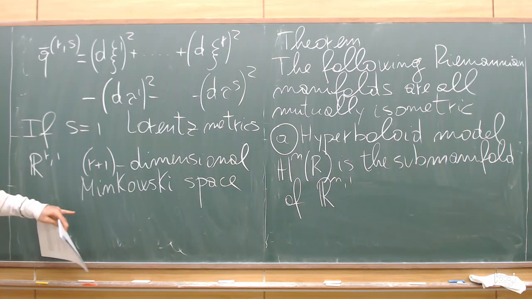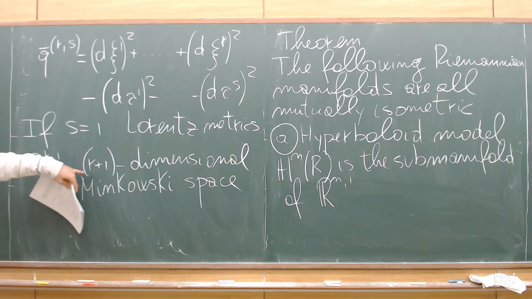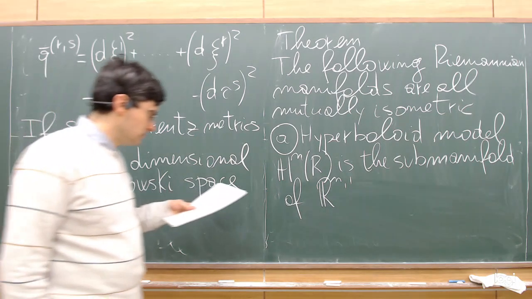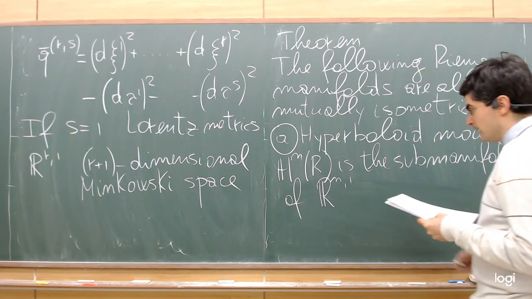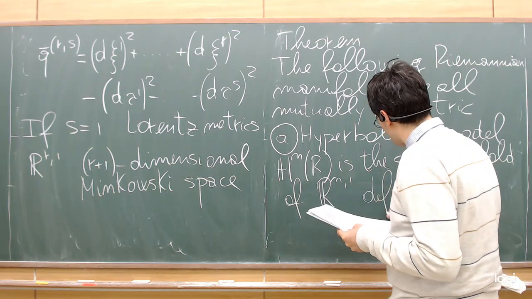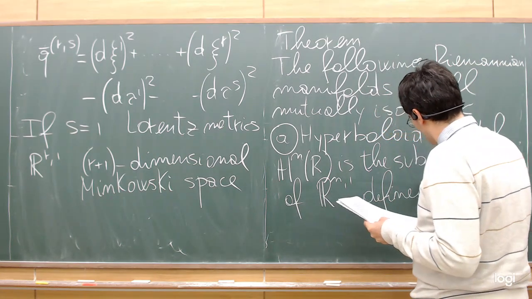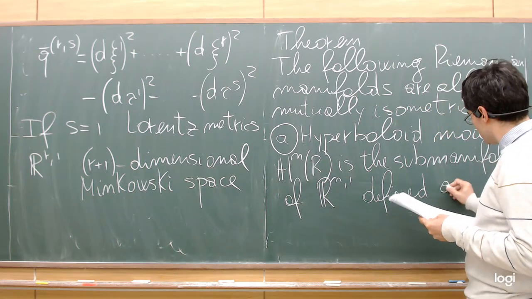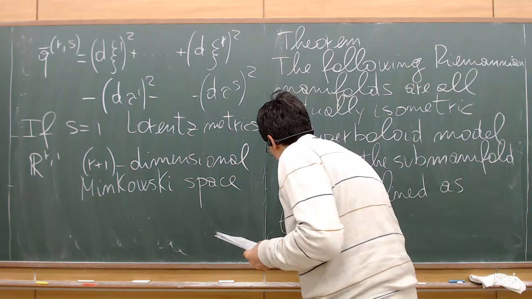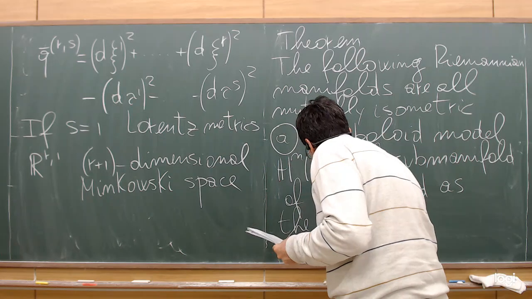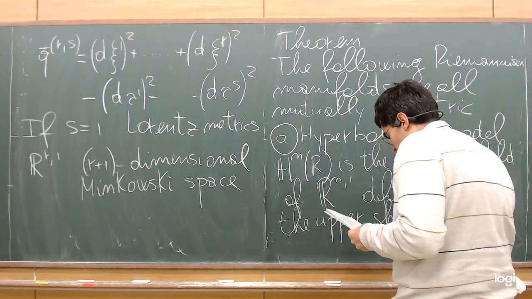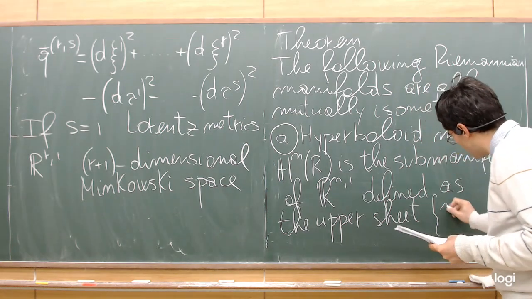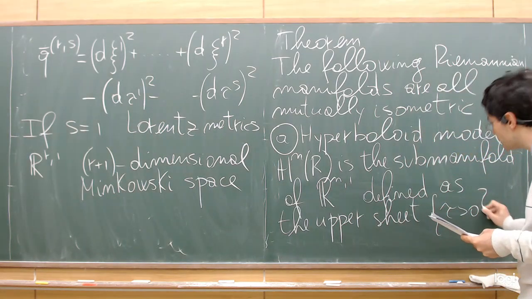It's a Minkowski space of dimension n plus 1, defined as the upper sheet, tau positive.